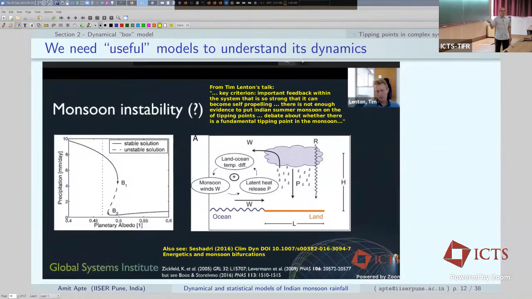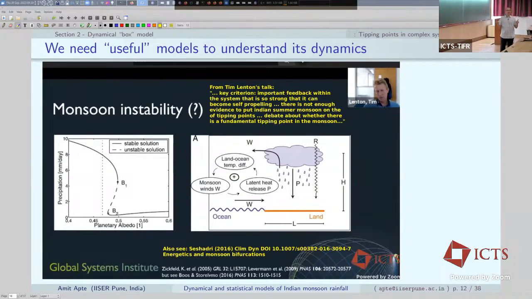Yeah. So again, yesterday's talk was a nice introduction to what I'm just about to say, which is that Tim mentioned that monsoon is not quite included in the list of tipping points, largely because it's quite unclear. I can't say it better than this.